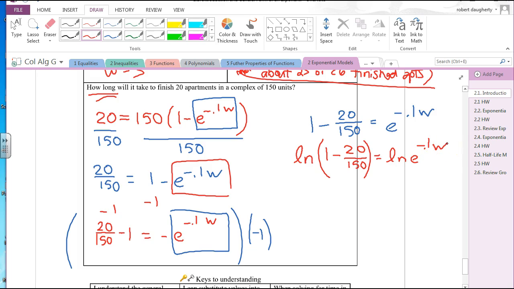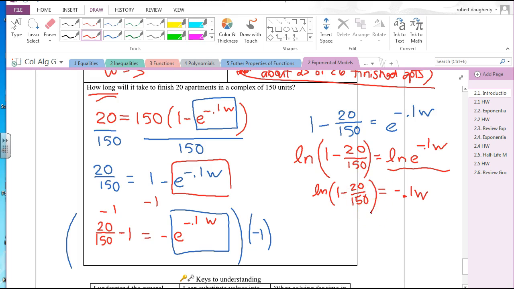Please tell me you know the natural log of e to the minus 0.1w is what? You got to recognize this. This is the reason I did all this, so I can solve for the exponent. That's minus 0.1w equal the natural log of 1 minus 20 over 150.